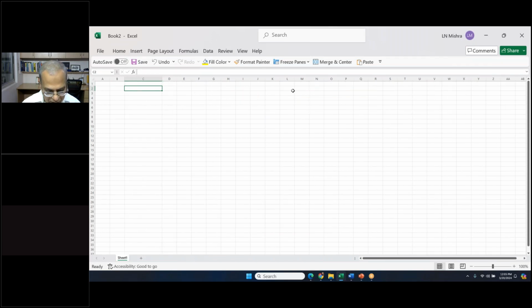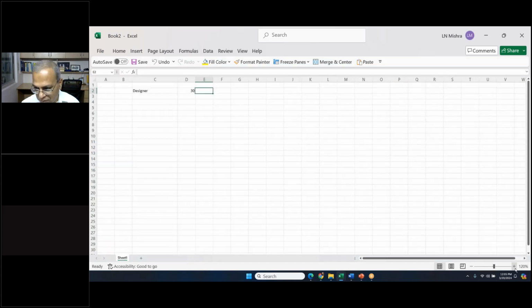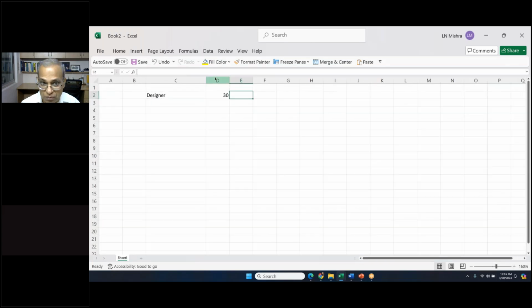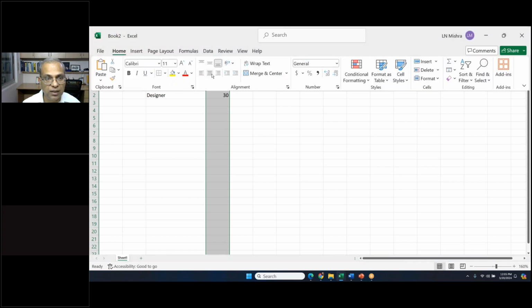Suppose we assume that the designer will charge us $30 an hour. Okay. And there is an overhead cost on the company as well. Anything you do, there is always an overhead cost for the company because you have to verify, check things are okay.